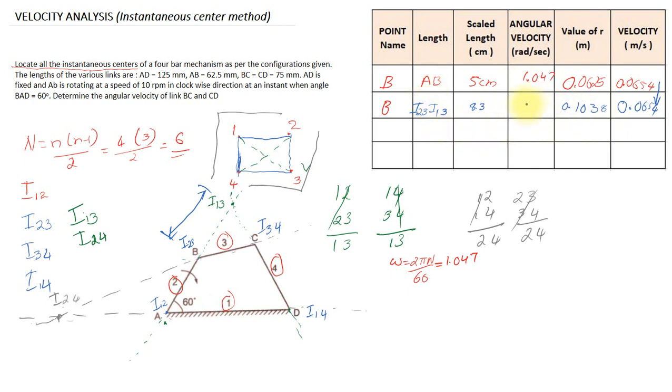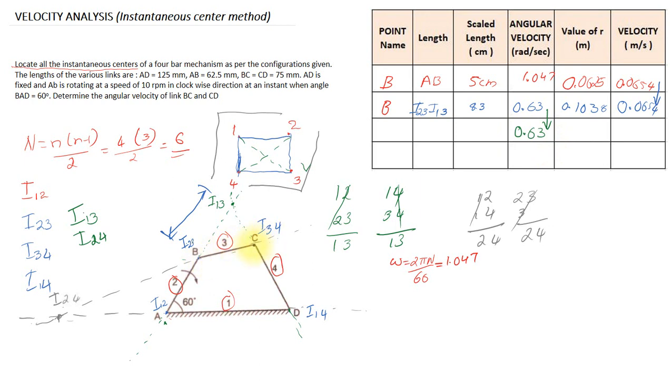We know that V is equal to R omega, so from that the omega value will be equal to 0.63. From here we are transferring this angular velocity to the next point. So here the angular velocity will be 0.63.